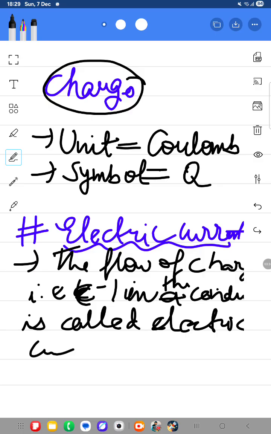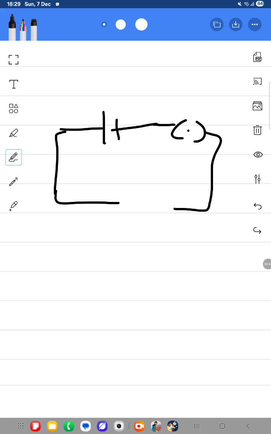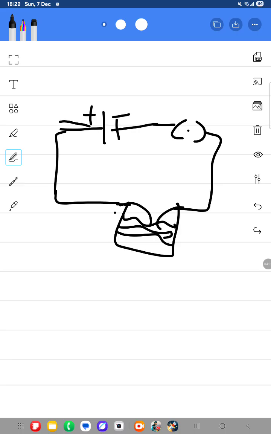The flow of electrons means, for example, here is a cell, switch, and we are flowing current through a liquid. Here the flow of electrons in this circuit is through the conductor.